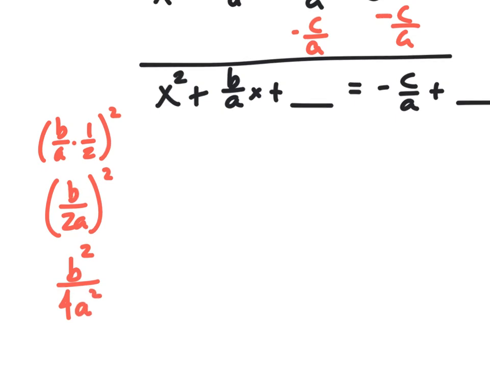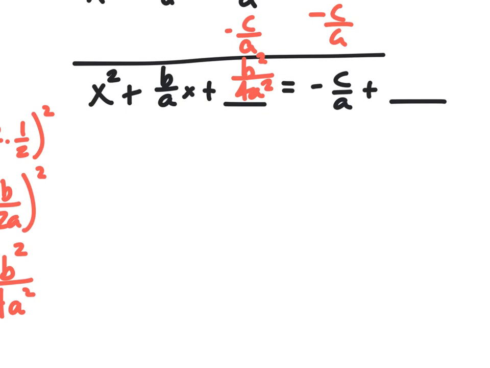I just took b squared, 2 squared, and a squared. So this is the number that's going to go here. Okay, this is going to become b squared over 4a squared, and the same thing goes over here: b squared over 4a squared.